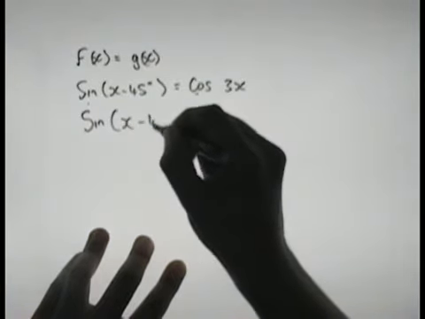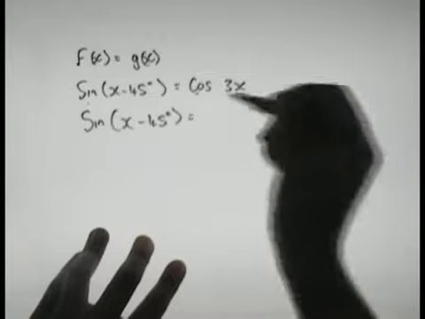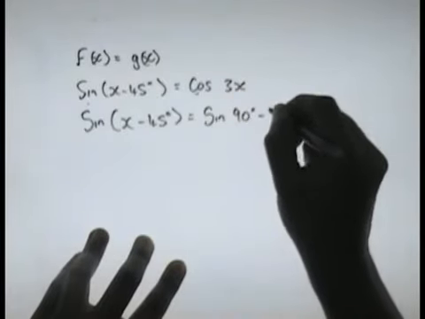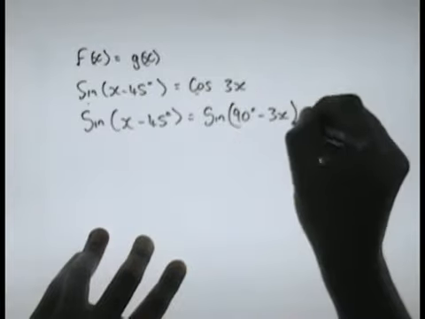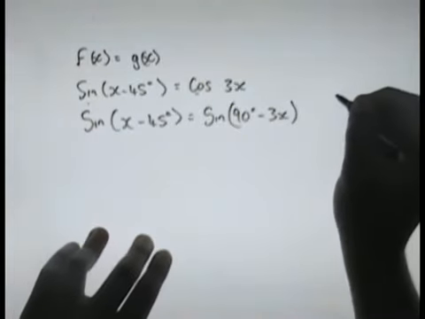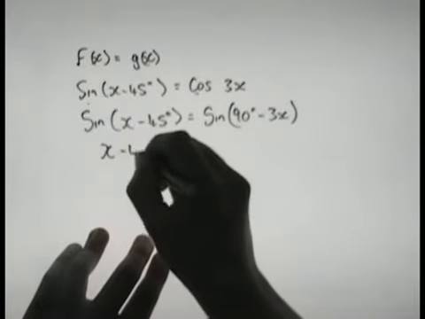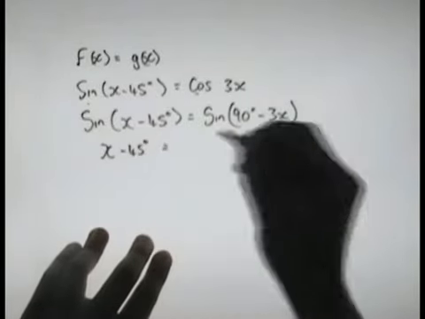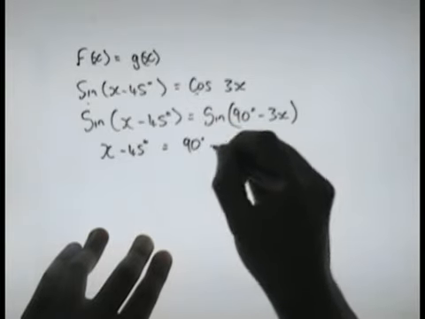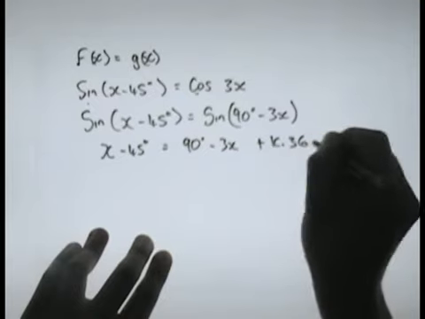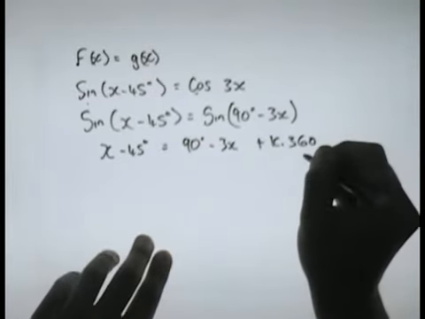I'm going to make it sine of x minus 45 degrees is equal to sine of 90 degrees minus 3x. Now I can drop my signs. x minus 45 degrees is equal to 90 degrees minus 3x plus k times 360, and this is for quadrant 1.